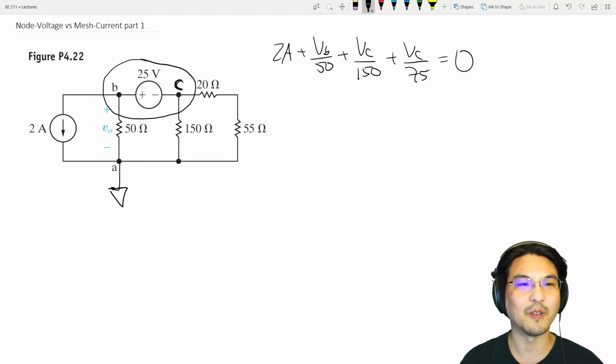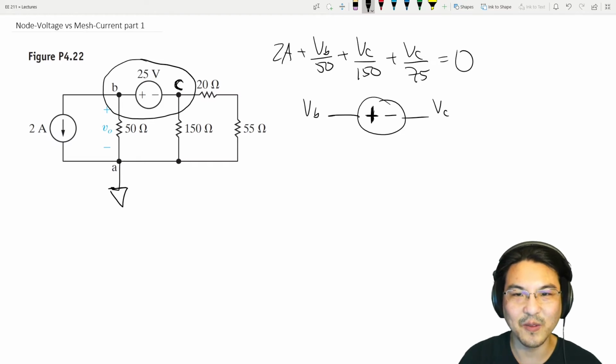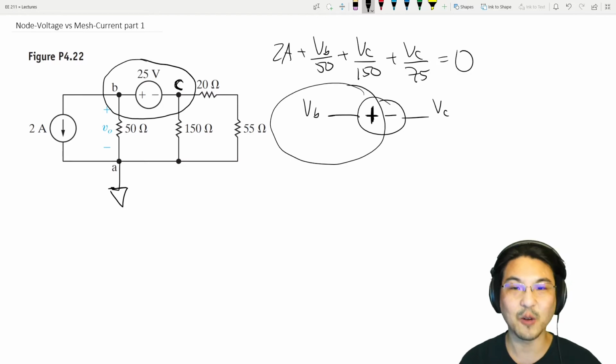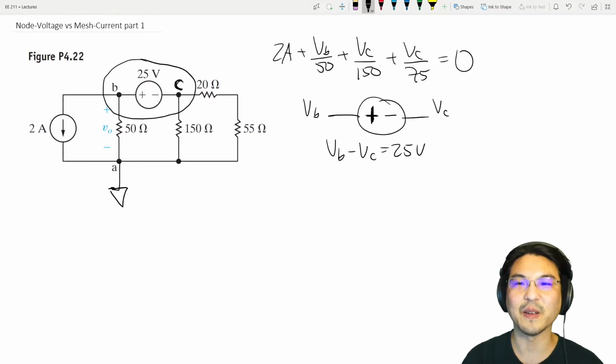We can write the relationship between VB and VC. Which one is more? We just look at where the plus sign is over here. So this side is more. How much more? 25 volts. Okay, so there we go. We got two equations, two unknowns.